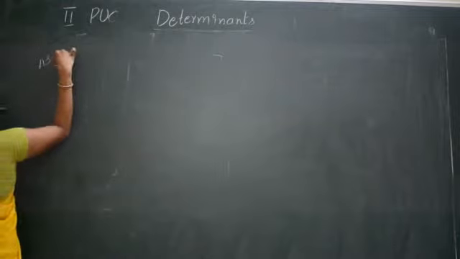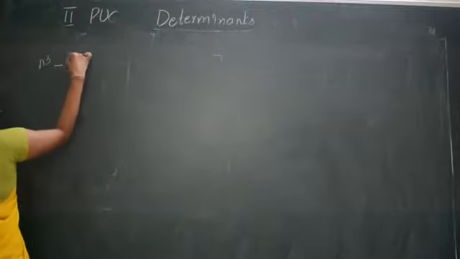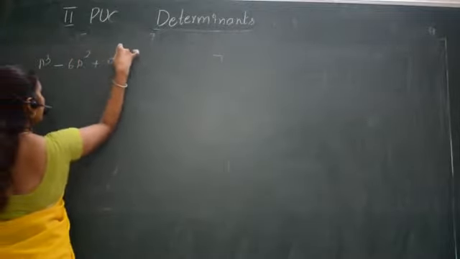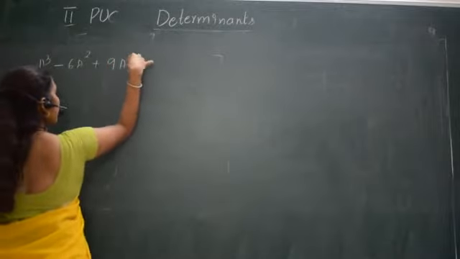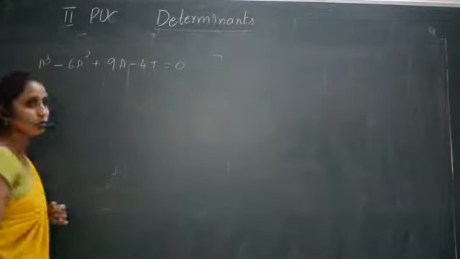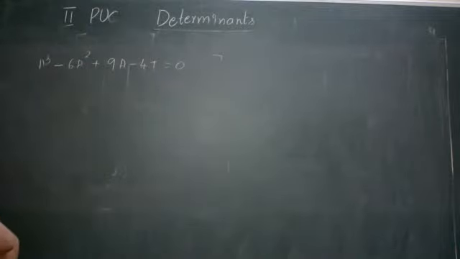A cube minus 6A square plus 9A minus 4I equal to 0. This is the equation we considered. Next we have to find out the value of A inverse.